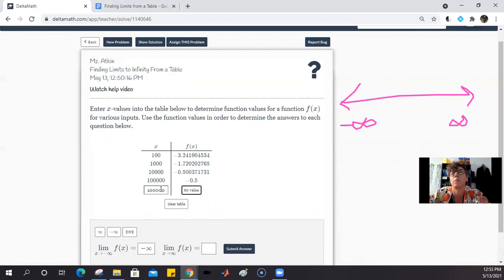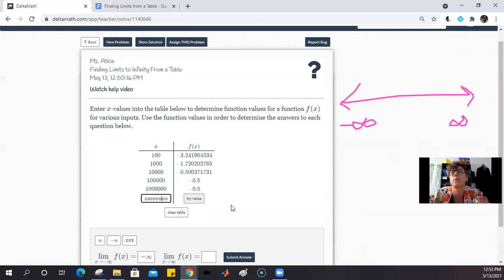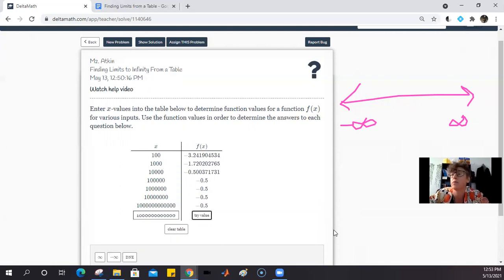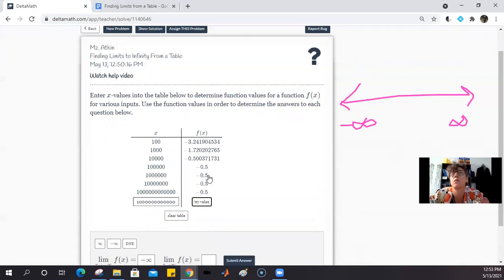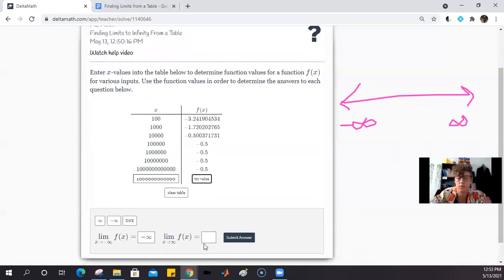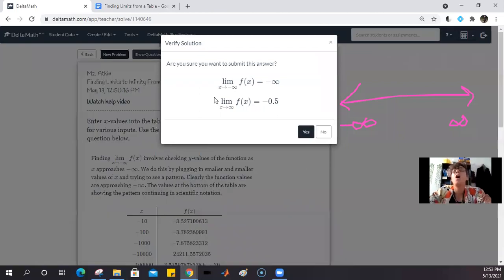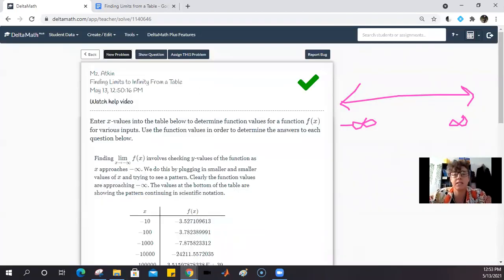That must be our limit. As we approach positive infinity, with bigger and bigger numbers, we get to negative 0.5. And that's our answer, because when we submit it, we get all the monies.